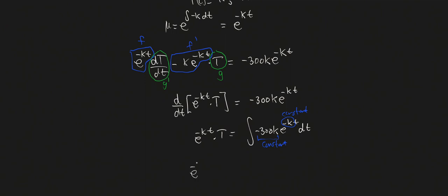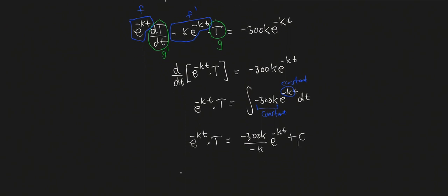What we get is e to the negative kt times big T on the left, and over here we would factor out the negative 300k. But when I integrate the exponential function, I have to divide by the constant that's multiplying the t. So I'll have to divide by negative k, and the exponential function stays the same, plus c.